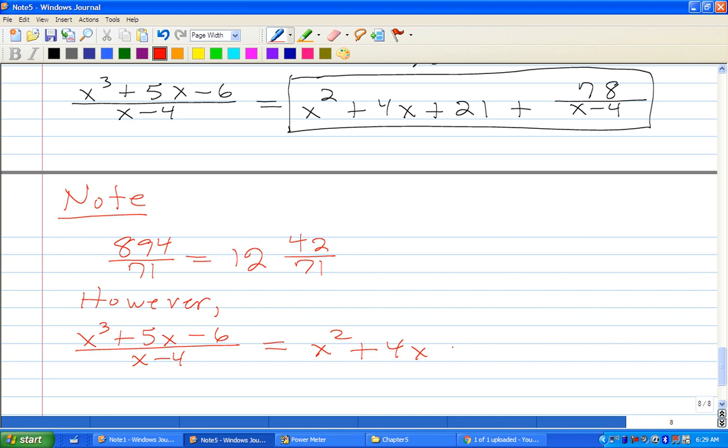plus 4x plus 21, and then didn't put, just like here, the plus sign. If I have an integer followed by a proper fraction, then it's assumed that the missing operator here is addition.